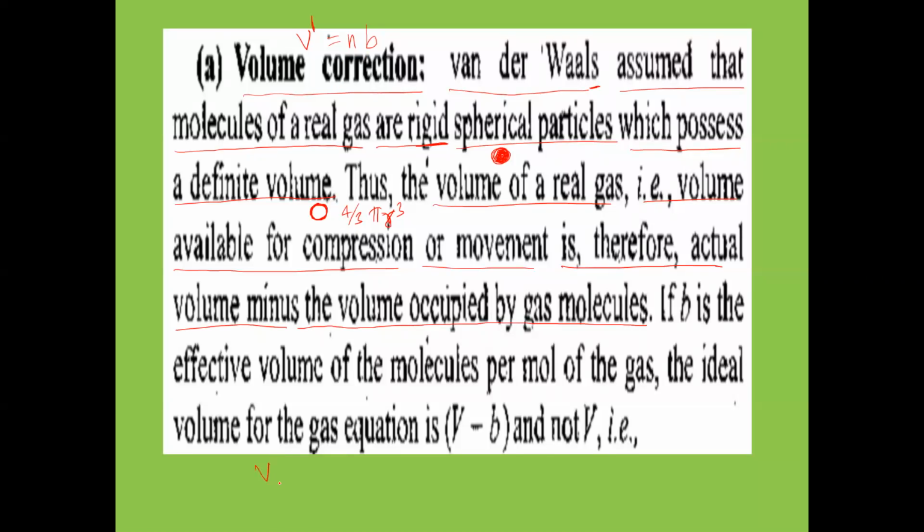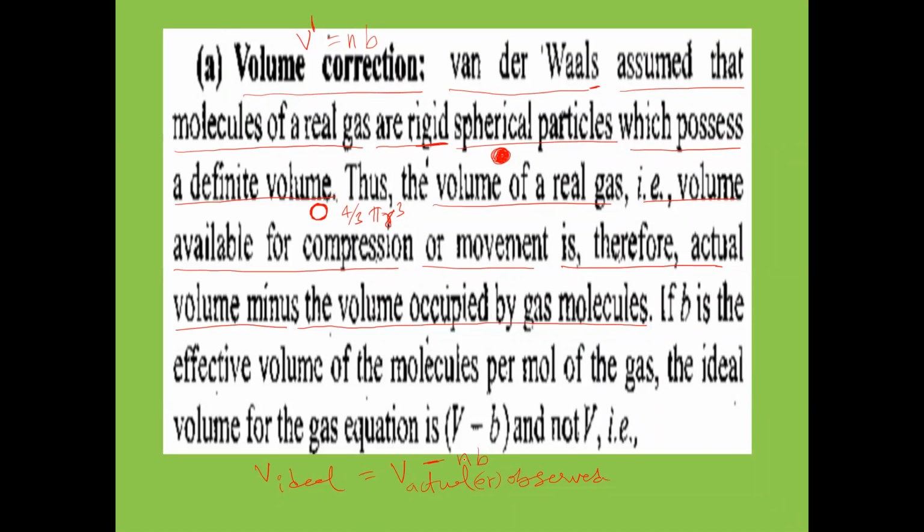Volume of ideal gas is equal to volume actually available. Actual volume is observed volume. Actual or observed volume. So V actual minus the correction.